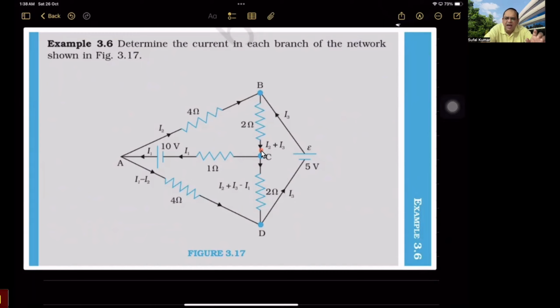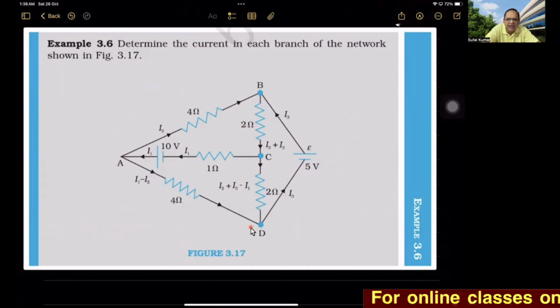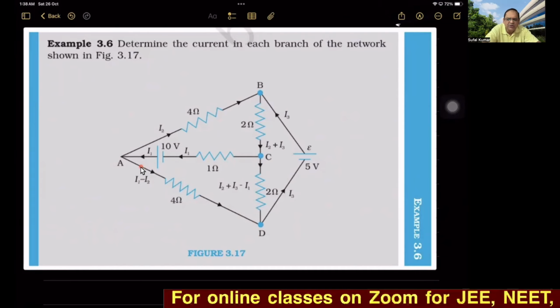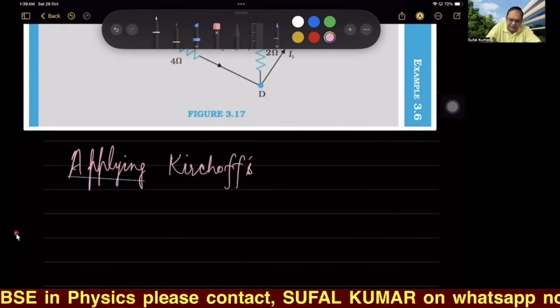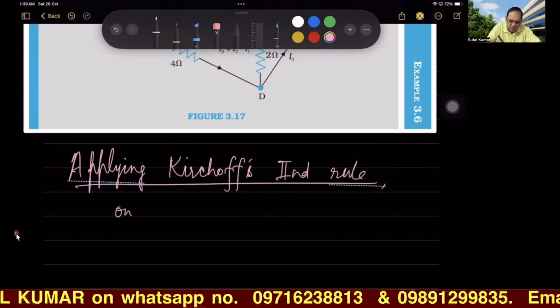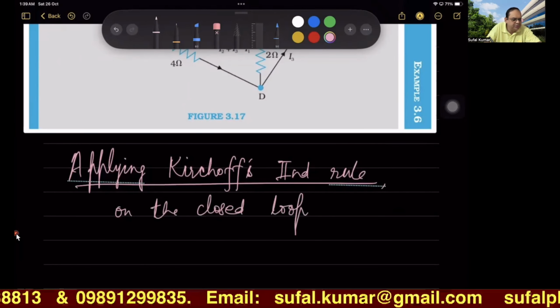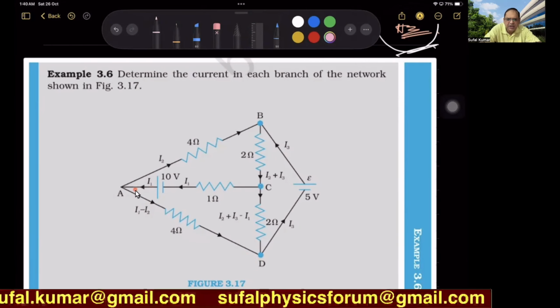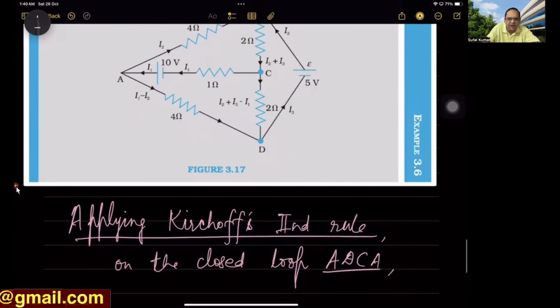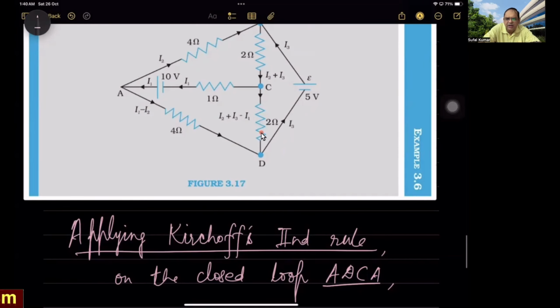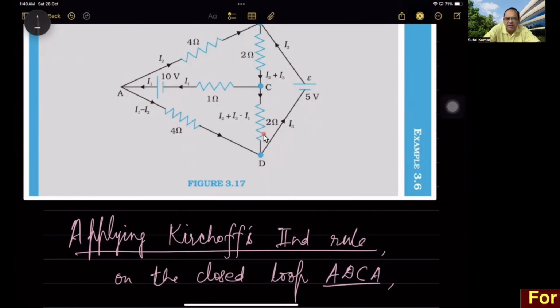That means directly we need to decide the closed loops. This closed loop we have to decide first, and here we apply Kirchhoff's second rule on the closed loop A, B, C, A. 4 into I1 minus I2, traversing the circuit in the opposite direction with respect to current, so negative.